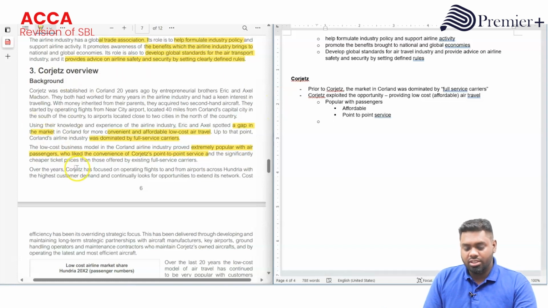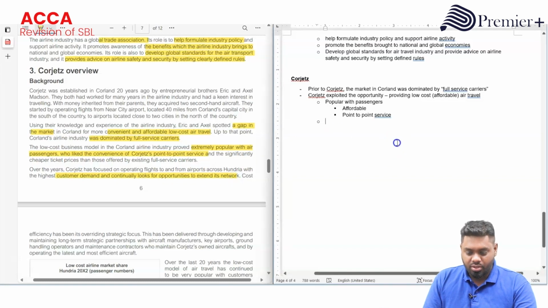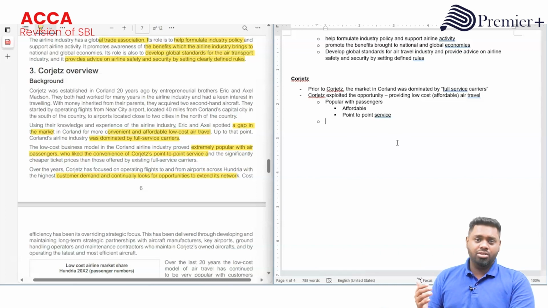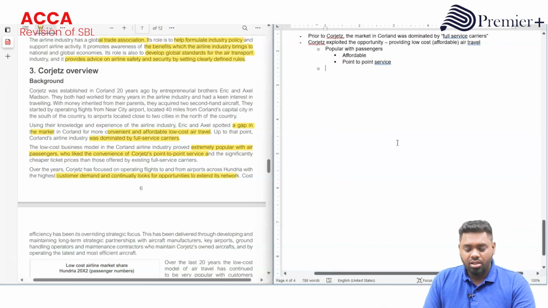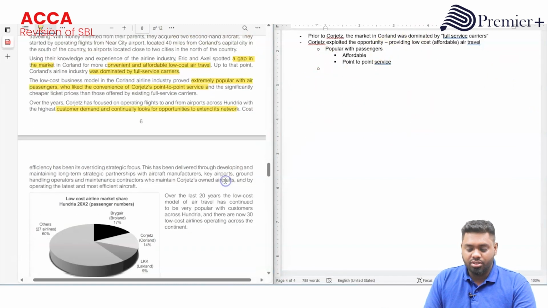Over the years, CoJets has focused on operating flights to and from airports across Hungary with the highest customer demand and continually looks for opportunities to extend its network. So when selecting the airports, they selected the airports that had a lot of passenger traffic.